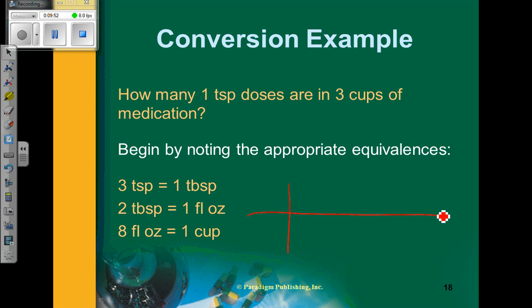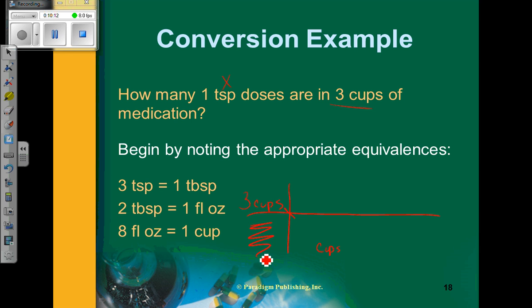So this is going to be x teaspoons, and we know 3 cups, so 3 cups would go here. Cups is here, cups goes down here, and there's nothing in this corner.